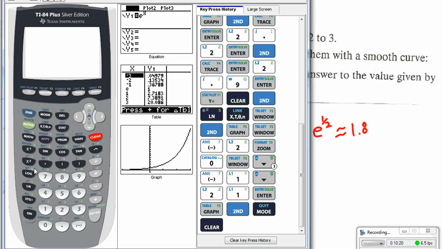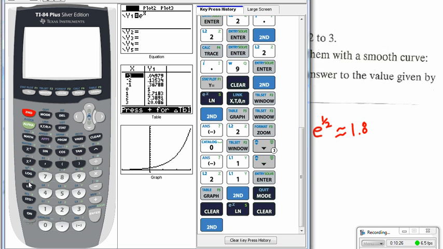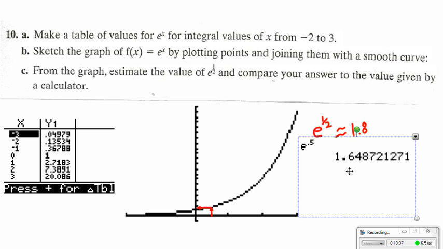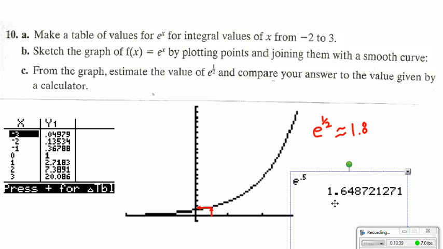So here we have 0.5. 1.648. So my approximation was a bit off, but either way is okay. In this case, we're looking at the graph alone.